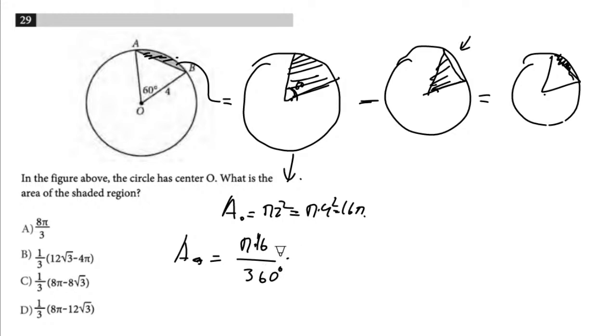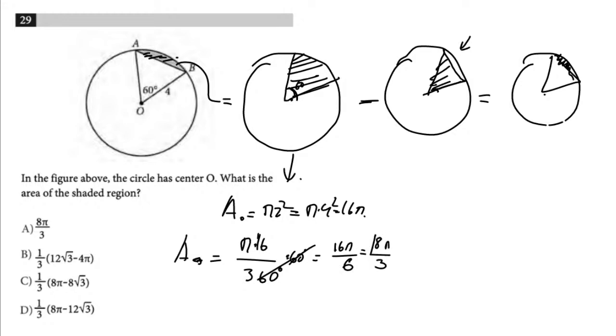What is it? It's 60. So we calculate and we find that it's 16 pi divided by 6, or 8 pi divided by 3.